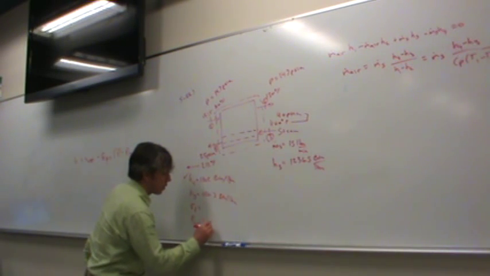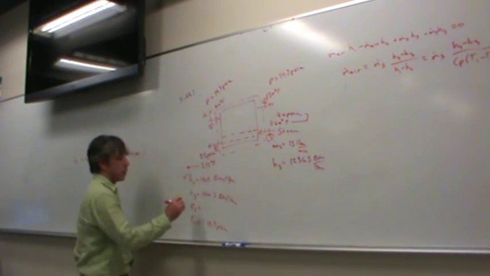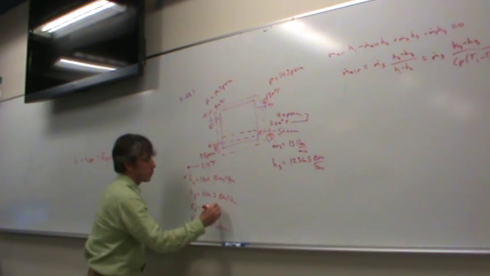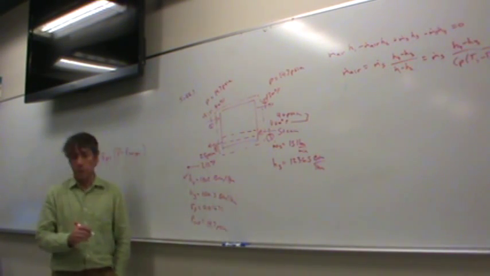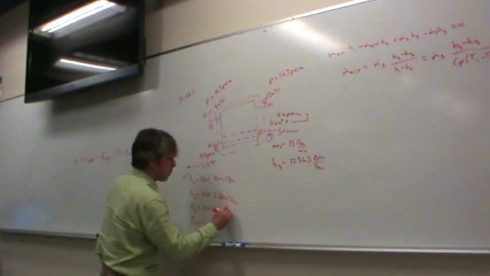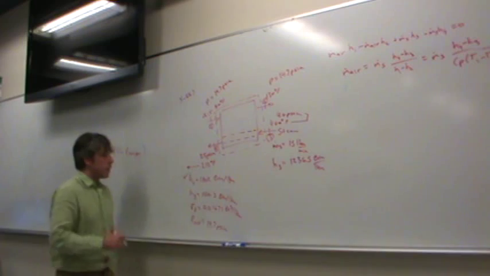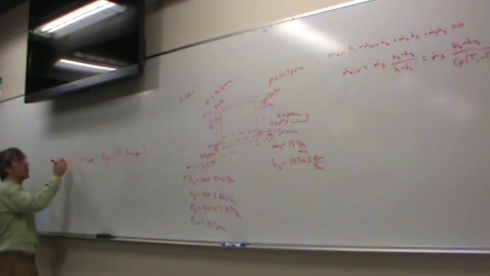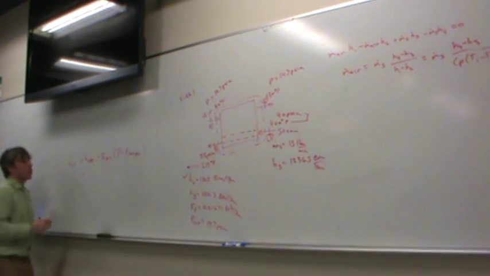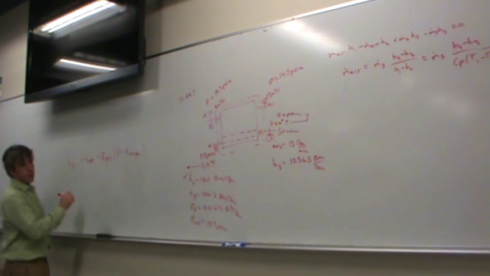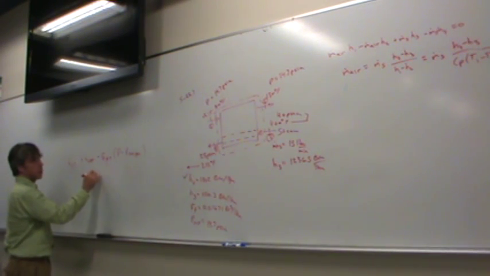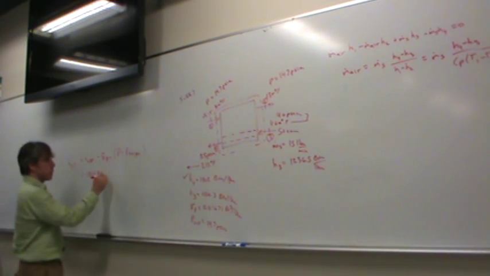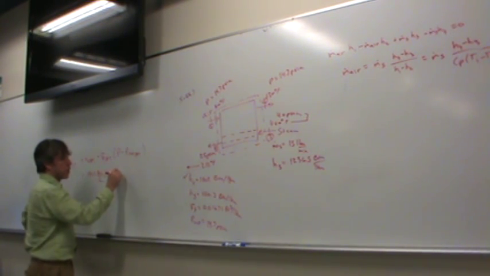Specific volume is 0.01671, cubic feet per pound mass. Okay, so now we can come up with an estimate for the enthalpy at the pressure and temperature that we're given. So HF is 180.2 BTUs per pound mass. The specific volume, VF, is 0.01671 cubic feet per pound mass.